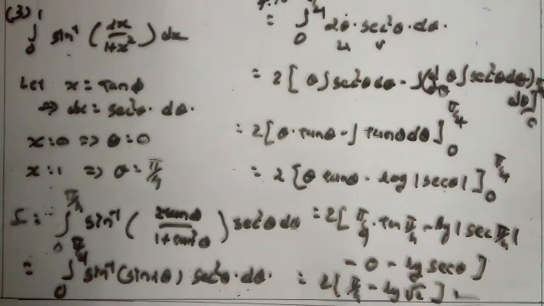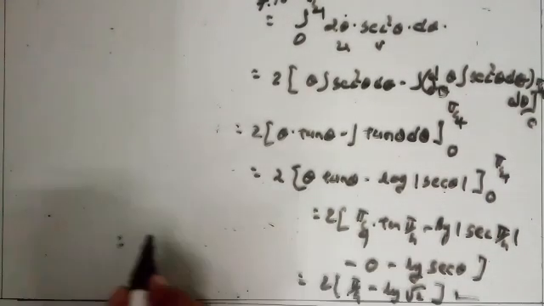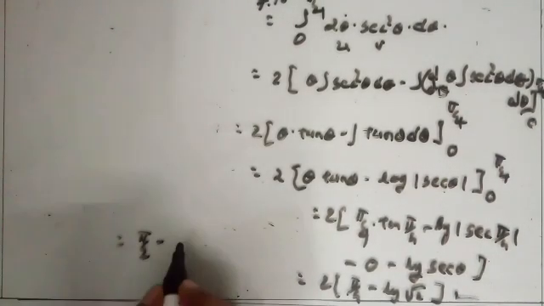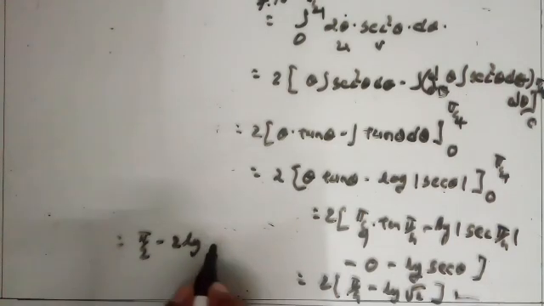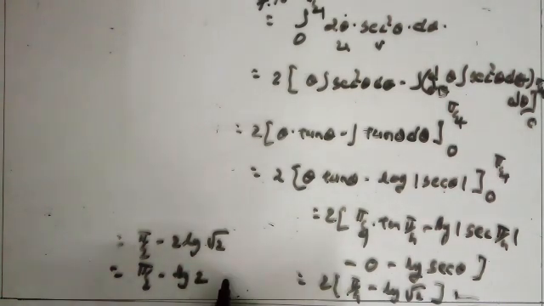Clear? So we get pi by 2 minus 2 log root 2. Here log root 2 is log 2 raised to 1 by 2, to write it in power form. So we get pi by 2 minus log 2 raised to 1 by 2 raised to 2, that is 2. Okay, answer.